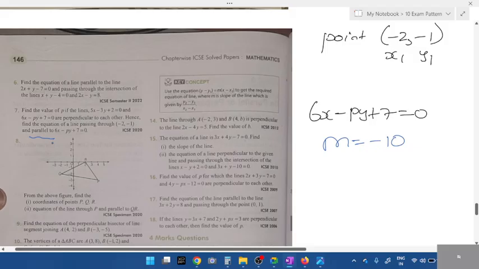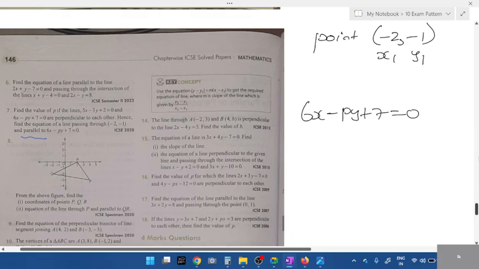For the first one, we got 3 by 5. P value was minus 10. Yeah, but we don't take minus 10 here. Compare this, students. This equation is parallel to which one they mentioned. What is the other equation given? 5x minus 3y plus 2.